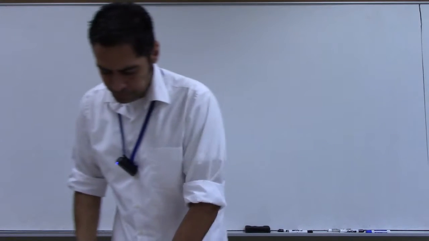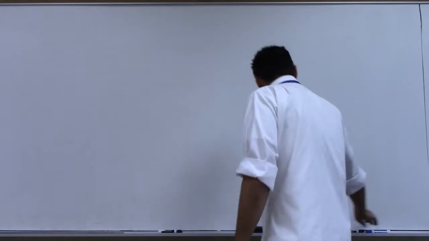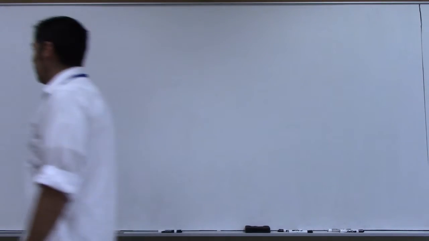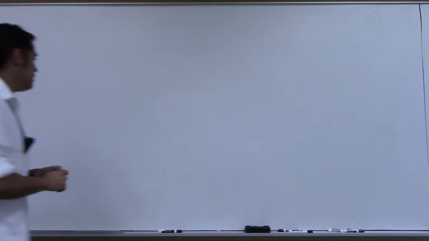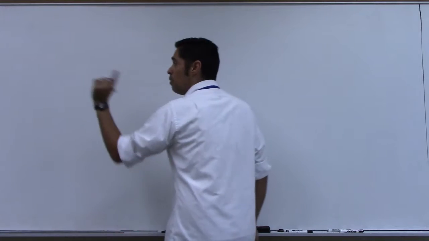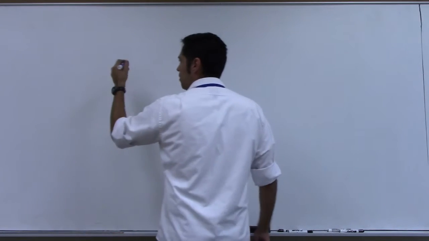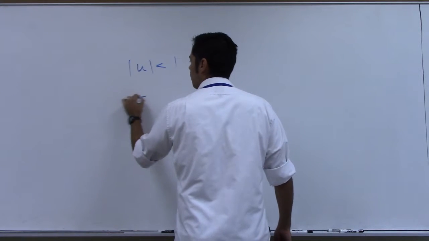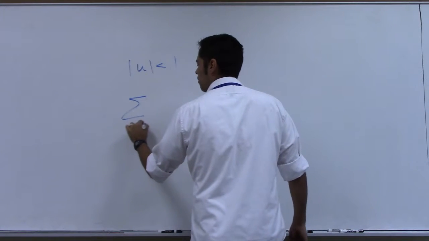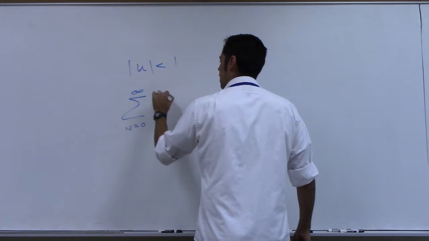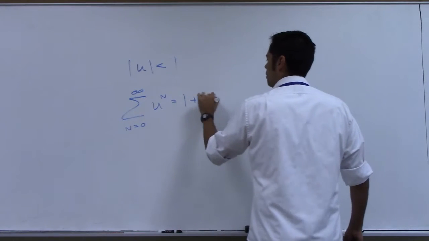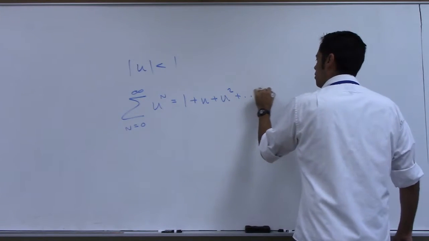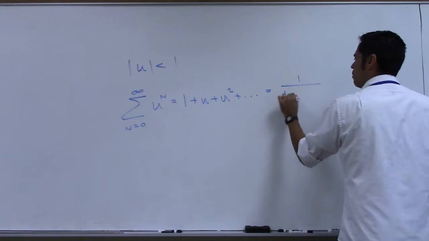All right, so today we are going to be using extensively the geometric series, which I put up here. Just as a reminder, because I'll keep pointing to it, and just so it's on camera, we say that if the absolute value of u is less than 1, then the sum n equals 0 to infinity of u to the n, which is 1 plus u plus u squared forever, should converge to 1 over 1 minus u.